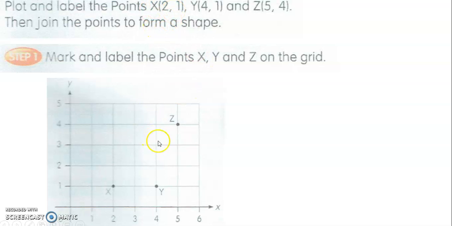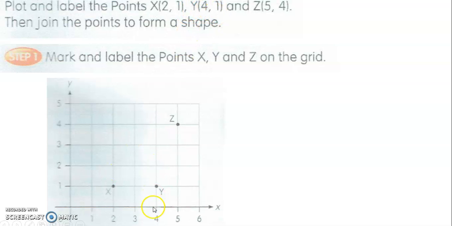Where is the point 2, 1 on the grid? It's easy to find because we just need to find the point 2 on the x-axis and the point 1 on the y-axis. We connect between these 2 points until we find the position of the point X.